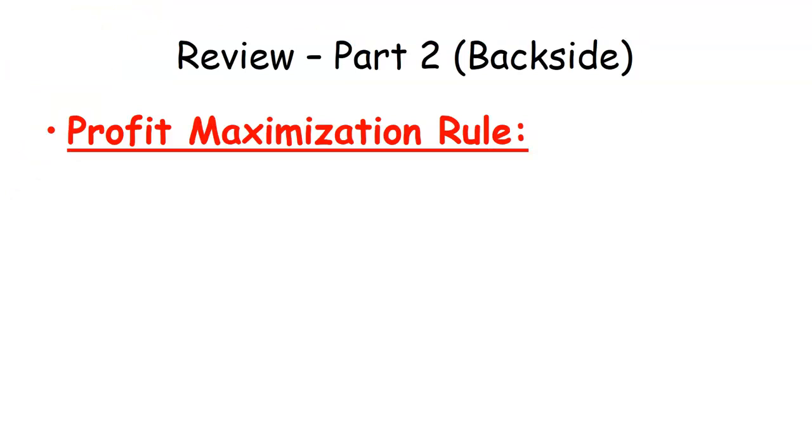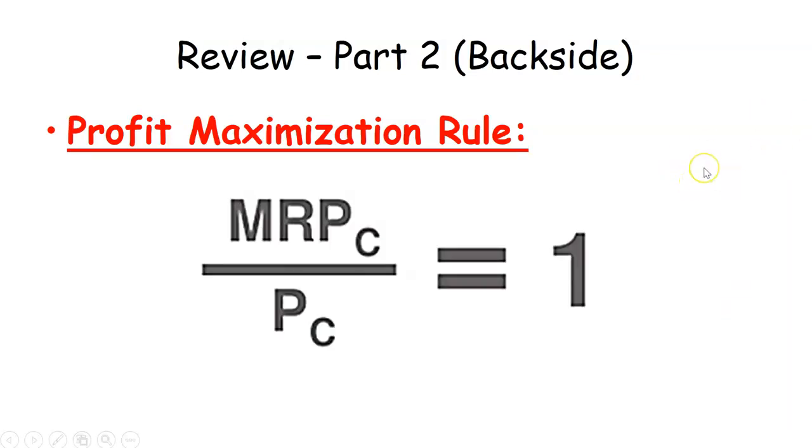So in part 2, the profit maximization rule, we're still going to be comparing the marginal product to price, but we're going to use the marginal revenue product now. We're going to incorporate the revenue, or the price of the actual good, which gives us the marginal revenue product, or the value of that marginal product. So we're looking at the value of the marginal product over the price.